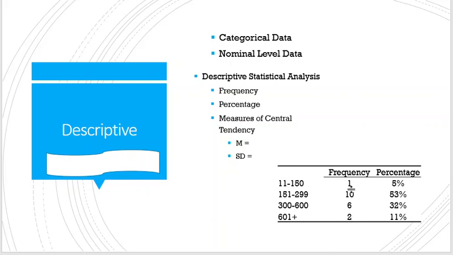So all I can do here is tell you the frequency and the percentages. Since this is categorical data, I can't do the mean or the standard deviation. There's no mean for how many people fell into 1 to 150.